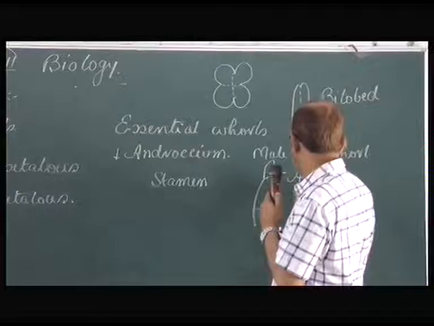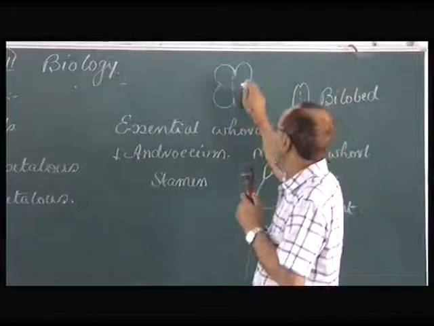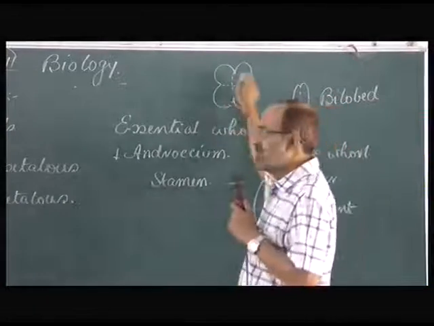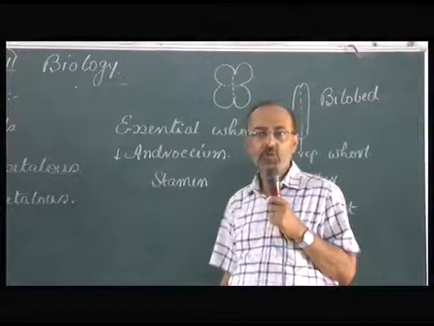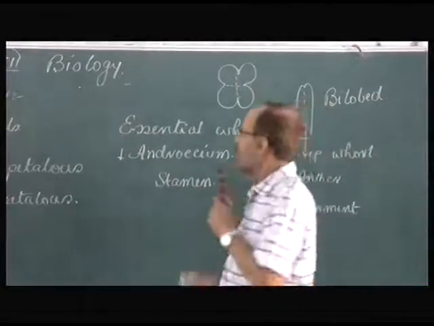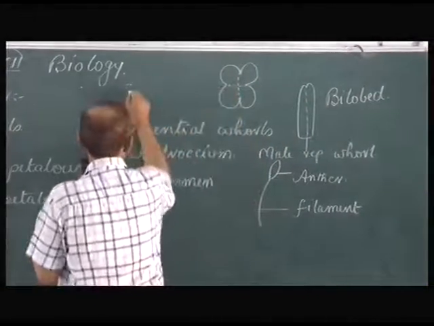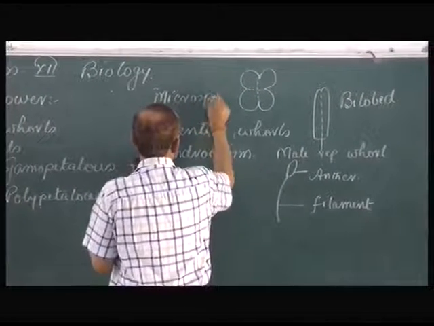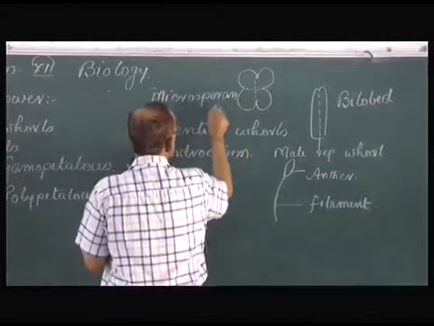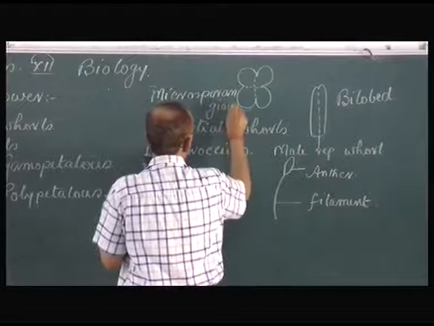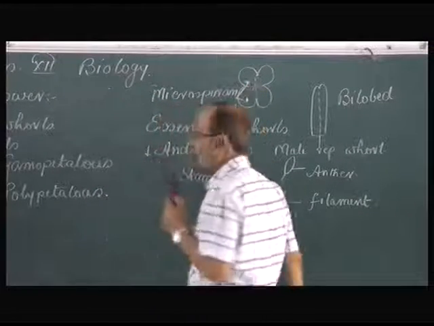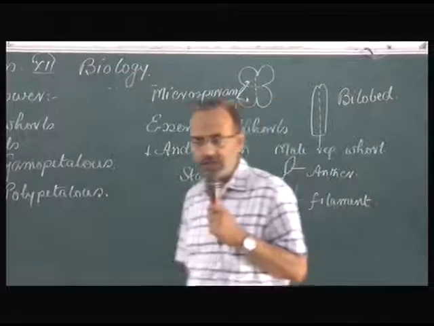So inside a single anther there will be 4 chambers. Clear? Inside these chambers, the microspores or the pollen grains are produced. So this represents the microsporangium. So the chambers inside the anther are known as the microsporangium.